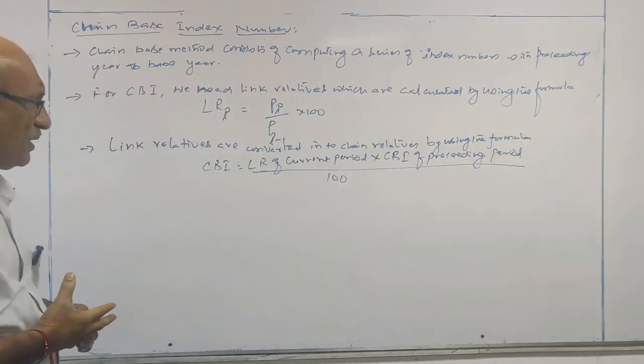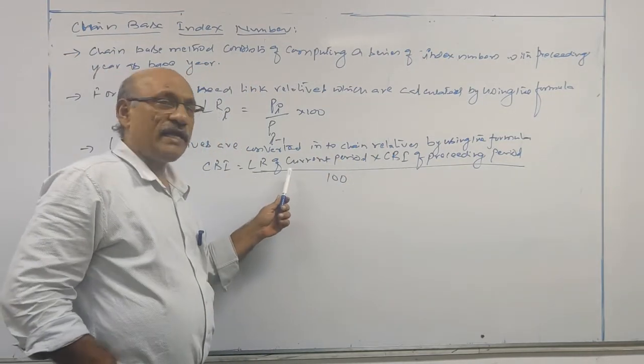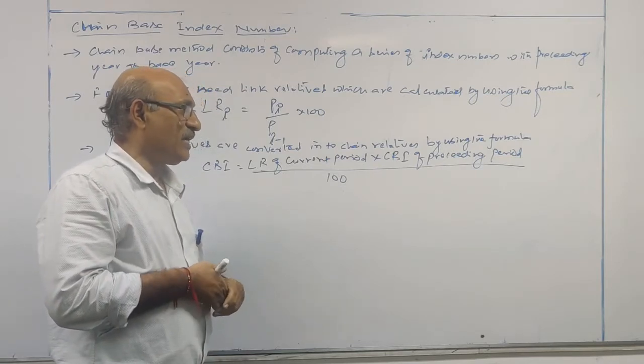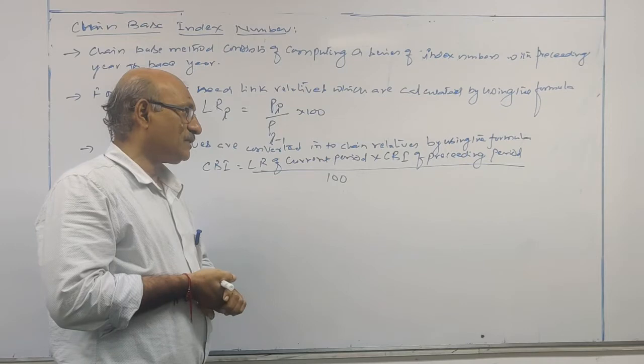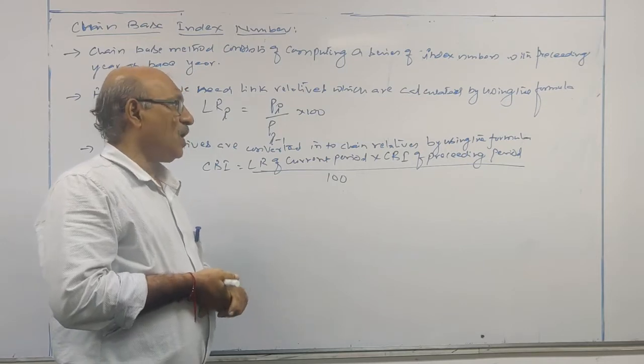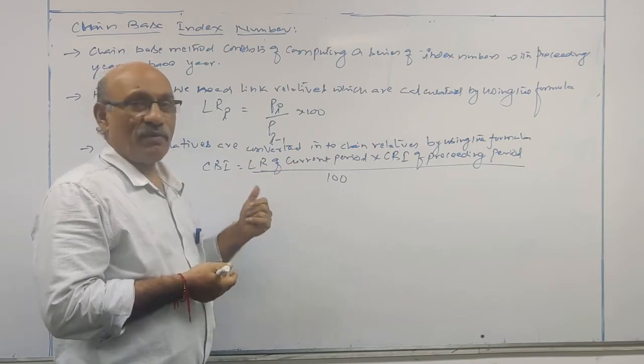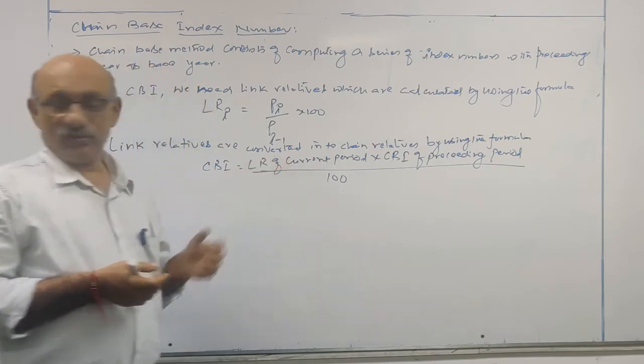Chain based index number is equal to link relative of current period into chain based index of preceding period divided by 100. This way you have to calculate CBI. I'll take a couple of problems here. Note down this.